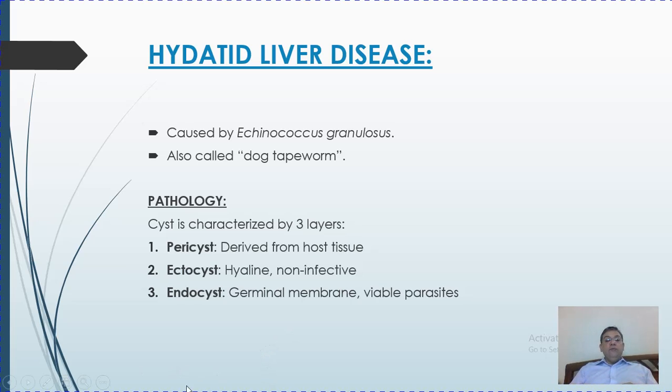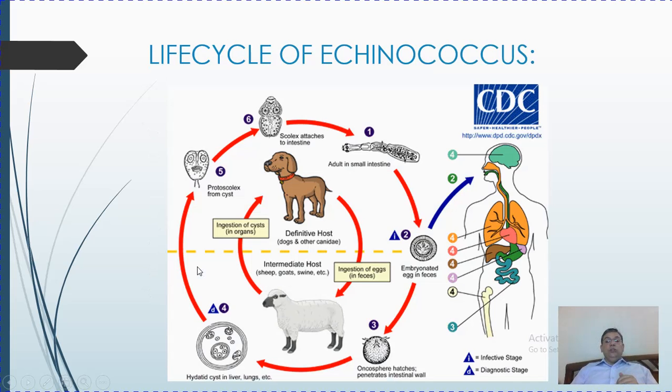So once we have decided to operate on these patients, we work between the pericyst and the ectocyst so that the germinal membrane is not damaged, it is not opened, and the viable parasites do not seed themselves into the general peritoneal cavity. So once you decide to do surgery, you try to find this plane between the pericyst and the ectocyst.